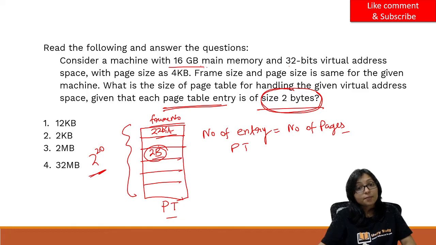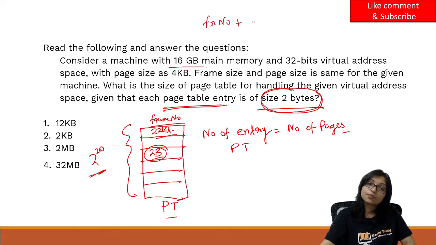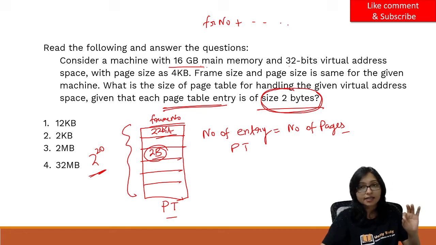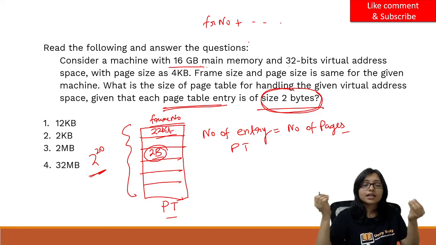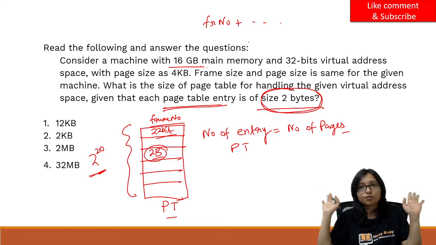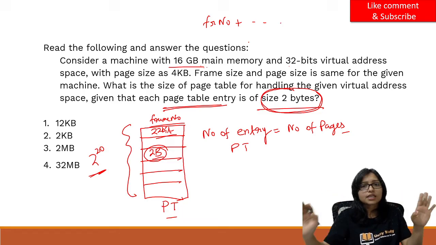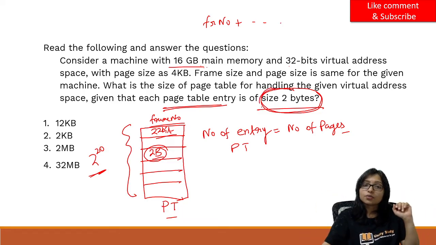Because in the page table we are storing the frame number, that is okay, plus some extra information is also there, like some bits, such as the obsolete bit. So in the page table some extra information is also there. So it is given that each and every entry size is 2 bytes. So directly you can calculate.